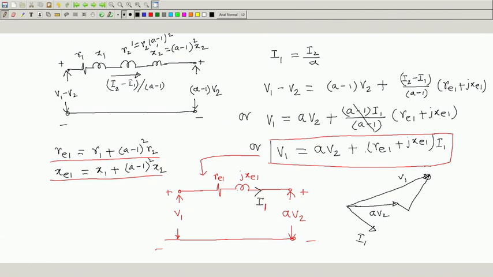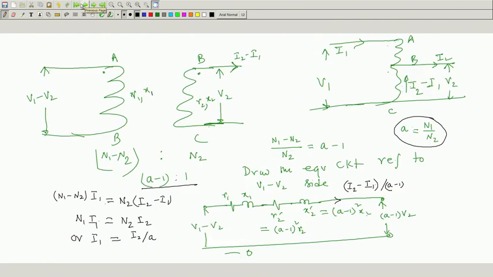So, with respect to primary, this is the equivalent circuit. In the same way, from this equation only, if you wish, that I am not doing, mind you, I will be able to draw the equivalent circuit referred to the load side also. Got the point?